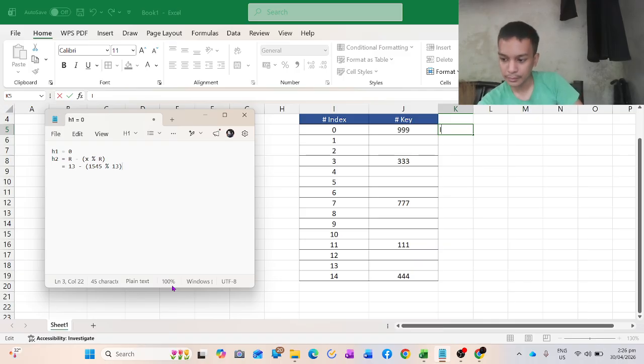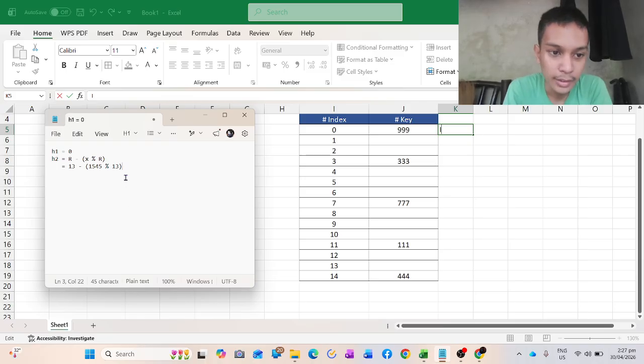Now we need to solve this part first. 1545 divided by 13 is equal to 118 with the remainder of 11.